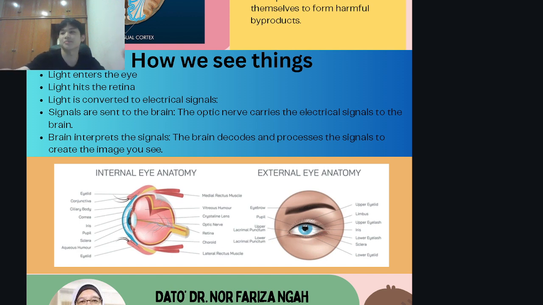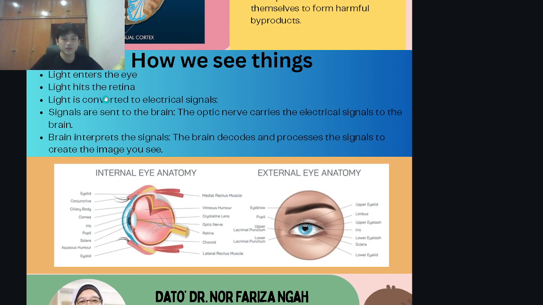Let's say, for example, this water bottle. The object brings the vision into your eyes and hits the retina. Depending on whether you are short-sighted or far-sighted, it should produce the exact same image.